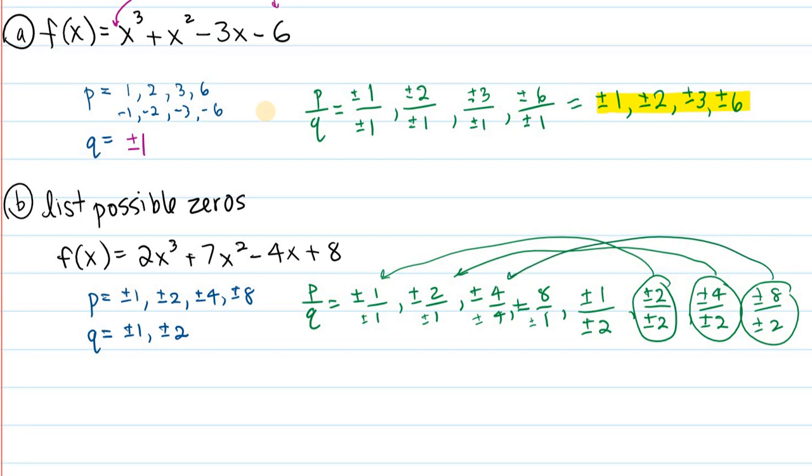So when we're listing our values, what we actually have are plus or minus 1/2, plus or minus 1, plus or minus 2, plus or minus 4, plus or minus 8. Those are all of the possible real zeros for this example.